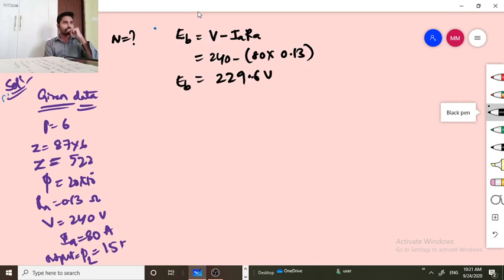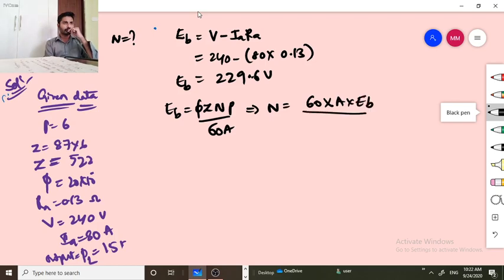So now Eb is equal to phi Z N P by 60A. From this we can calculate the N value as N equals 60 into A into Eb by phi Z P. Here all the values are given and you need to substitute them.